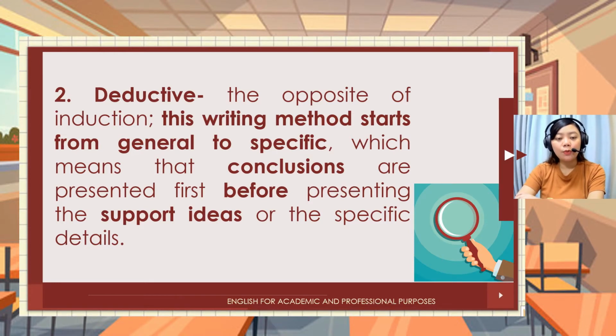So let's now move on with the deductive method of writing. In this method of writing, the question is, where can we find the thesis statement? Let us first discuss its meaning. Deductive is the opposite of the inductive format. This writing method starts from general to specific, which means that conclusions are presented first before presenting the supporting ideas or the specific details.